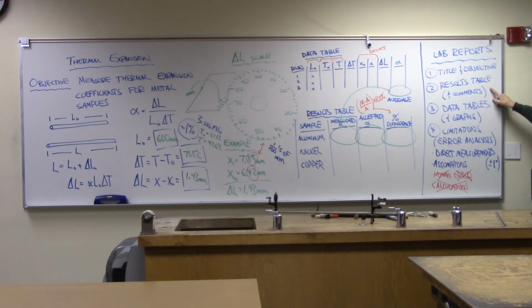Now you might think, wait, don't you want to say how you got there first? I actually like to know what the results were first, because then when I look at the data tables, if I see something in the results table that catches my attention, that helps direct me as I go through the data tables and the limitations.